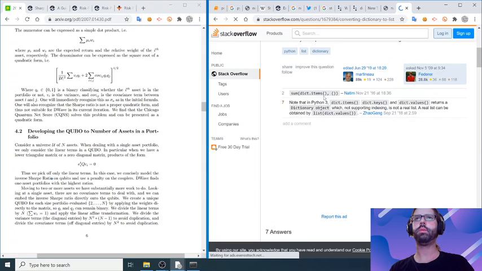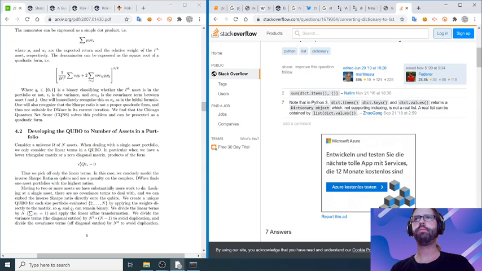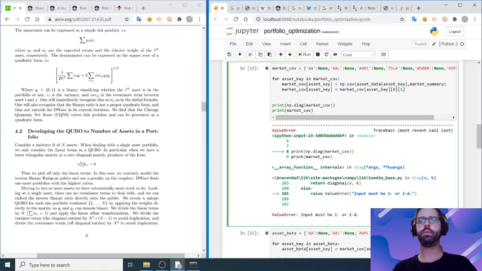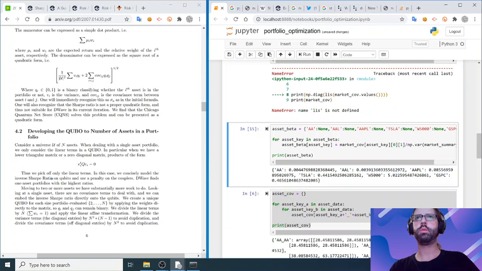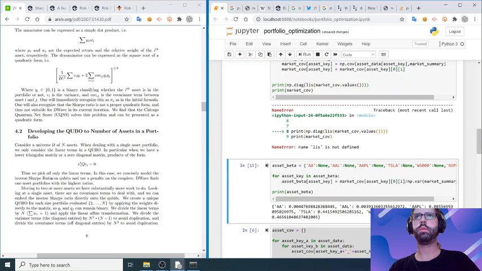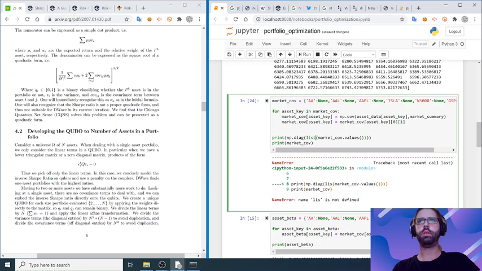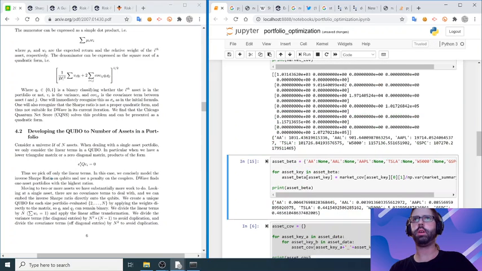Items. Sometimes these list state values. Okay. List. There we go. Okay, so here we have the diagonal matrix.